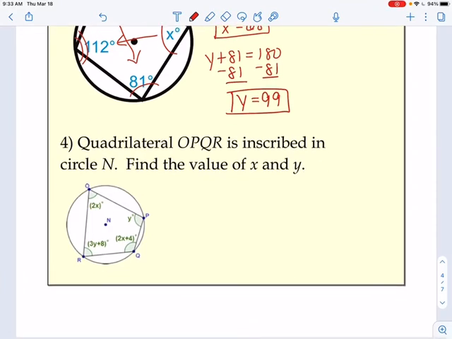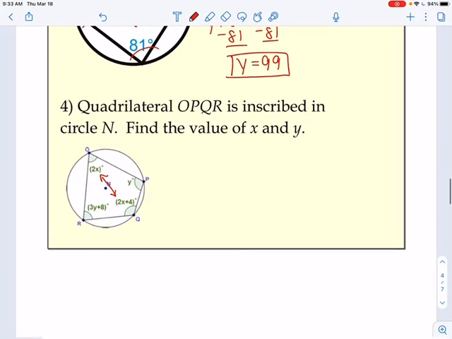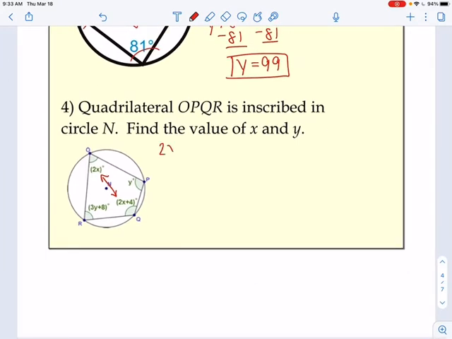Okay, second one for this slide, in quadrilateral OPQR is inscribed in circle N, and again, we want to find the value of x and y. So again, opposite angles are supplementary. Again, it doesn't matter if I solve for x or y first. I just put an arrow to my two opposite angles that have the x in it, so let's solve for x first. So again, those two are going to be supplementary, meaning they add up to 180.